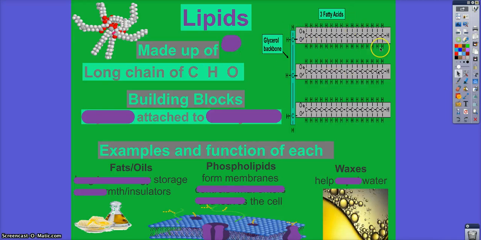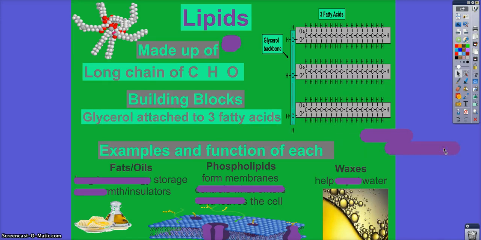Look at the picture, and the building block has this and these 3 things. So what are the building blocks? We know it's made up of carbon, hydrogen, and oxygen. Combined, they form fatty acids. And what's the backbone? Glycerol.